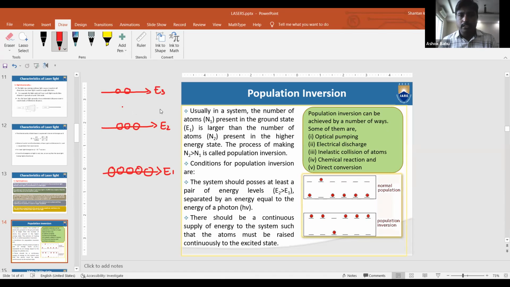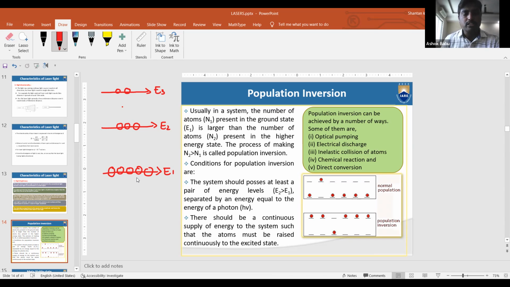Again, what is population? The number of atoms in a particular energy state. What is the usual occupation of atoms in various energy states? The lower energy level has more atoms than the higher energy state.